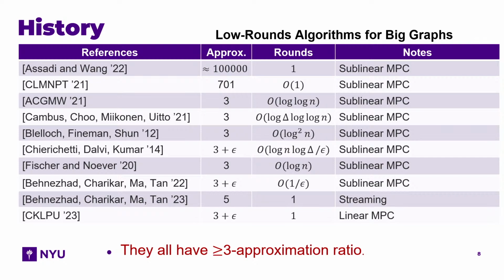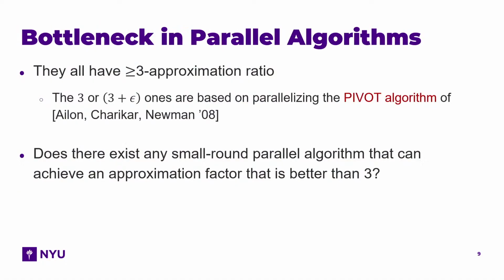But for the solution quality, all of these solutions can only get a 3 approximation ratio. So this is a bottleneck in the parallel algorithms. Can we achieve better than a 3 approximation ratio with a reasonable number of rounds? This is our question and the bottleneck.